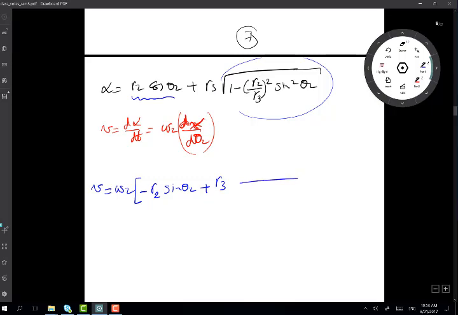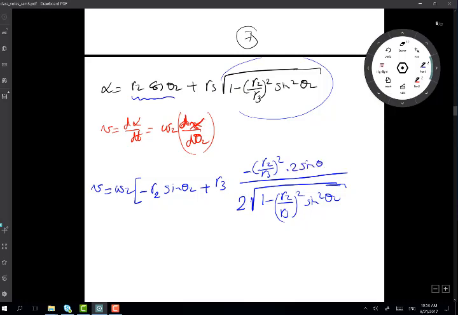The way I differentiate the square root is dividing 1 over the square root, so divide by that, r3 squared sine squared theta 2, and then at the top you need to multiply by the derivative of what's inside the square root. So this will give me minus r2 r3 squared 2 sine theta 2 cosine theta 2.